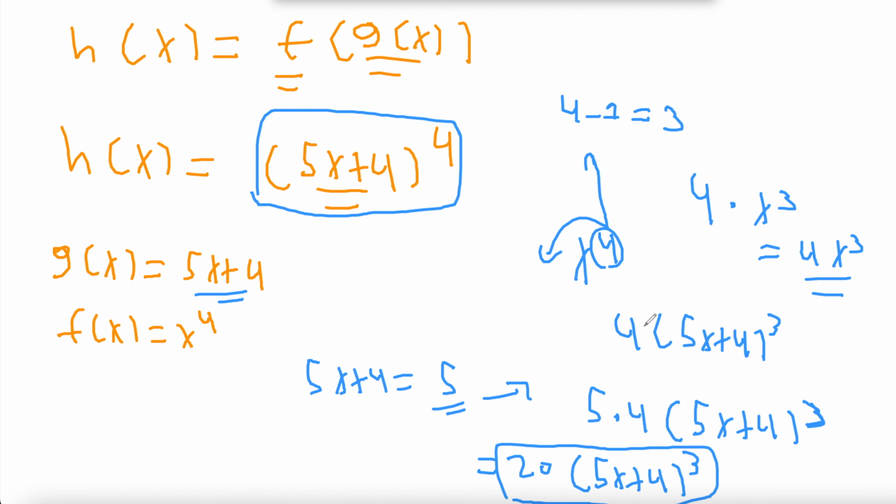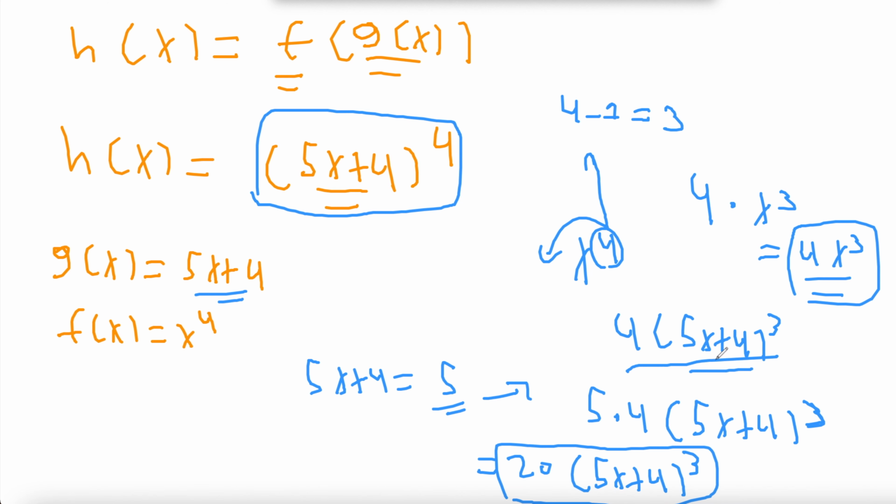So kind of a quick recap here. We identified our inner and outer function. We took the derivative of our outer function, which was 4x cubed. And I substituted in our g of x, our inner function, inside of the 4x cubed, which we got this. Hopefully that is pretty clear.